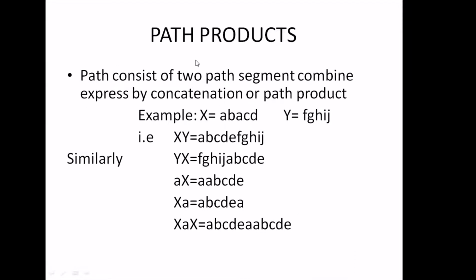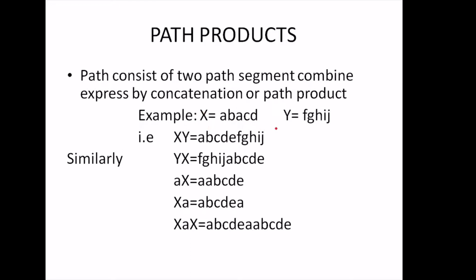Path product. A path consists of two path segments combined by concatenation or path product. Example, previously we learned each path can be represented with an element.